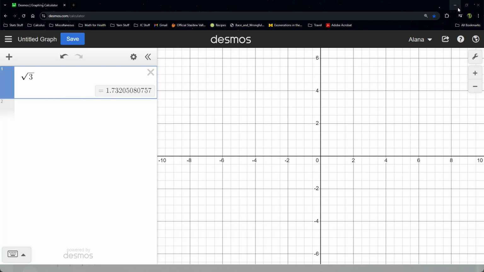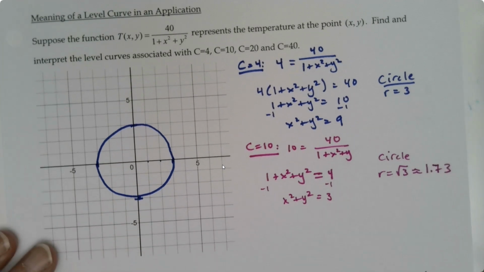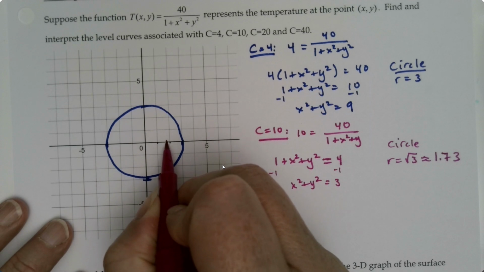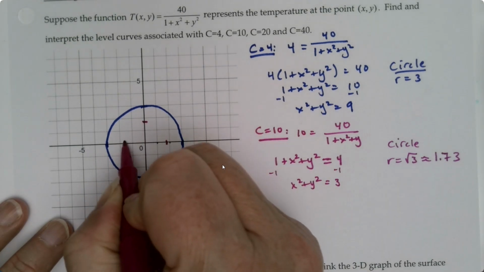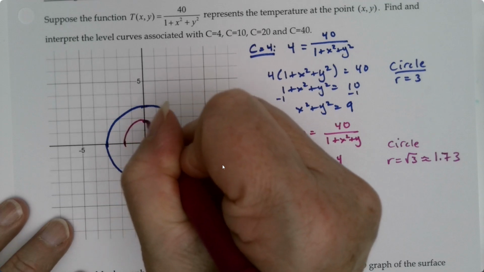I just did that one, I just forgot what I'd done. So 1.73, 1.7 is kind of right about there. So I'm going to draw a circle.